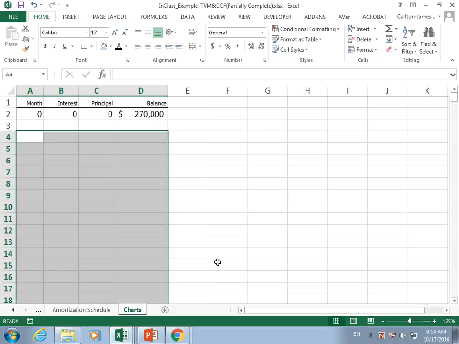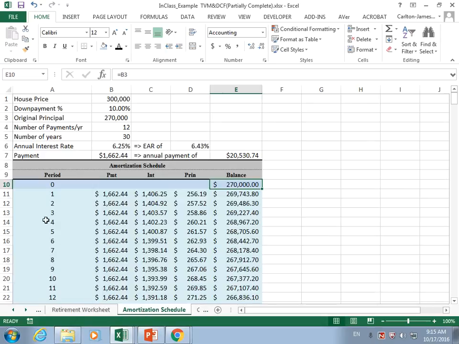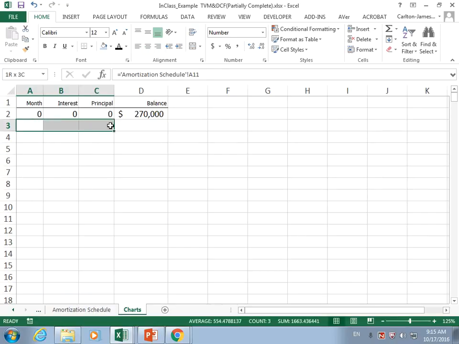Okay. So, our amortization schedule now, we can see instead of redoing everything, I just simply picked from the amortization schedule what was going on here, B11, A11.